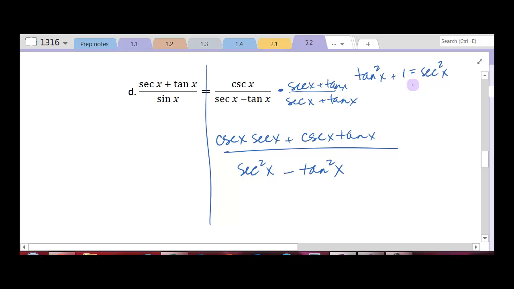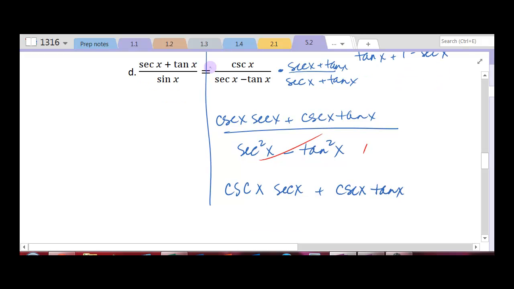If I were to subtract tan squared to the right over here, that's equal to 1. So right off the bat, I can get rid of my denominator, turn that into 1. So that leaves me this numerator right here, cosecant x secant x plus cosecant x tan x.